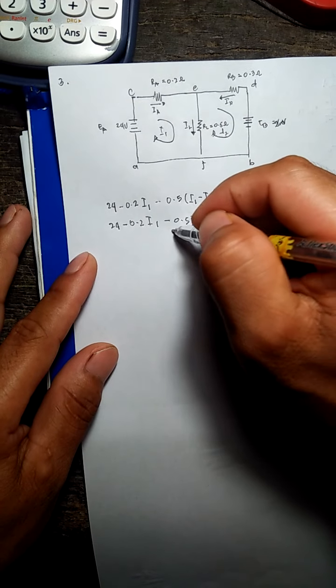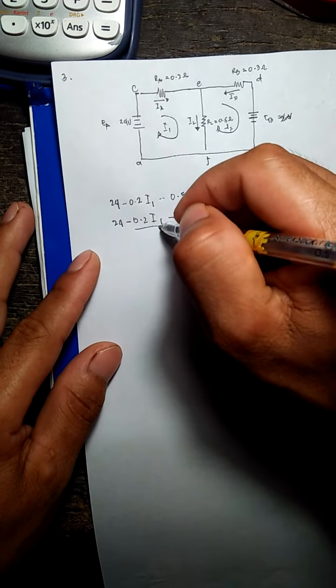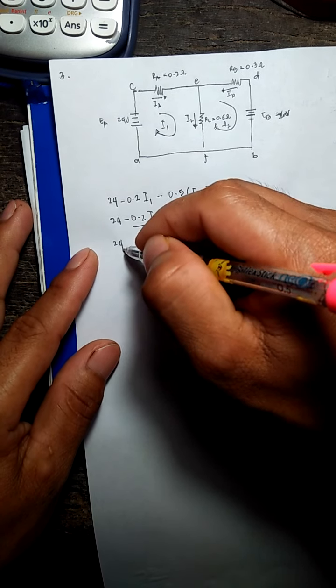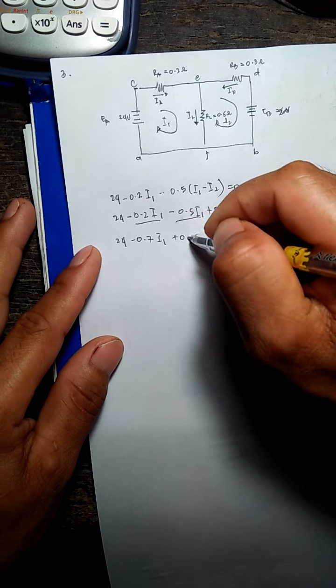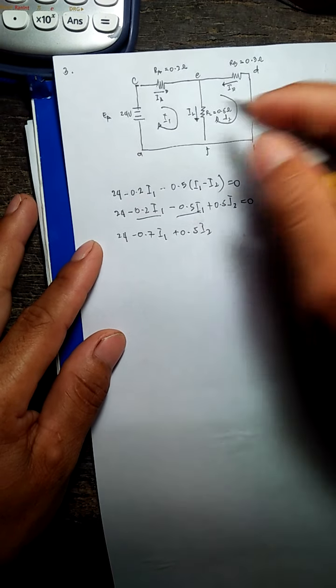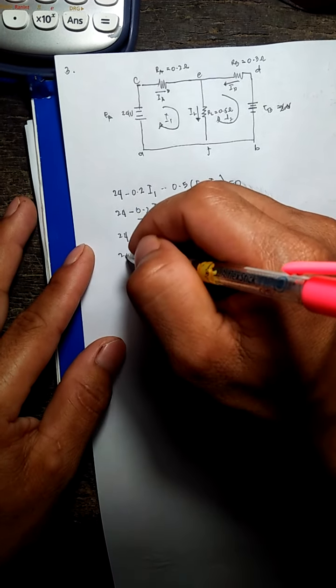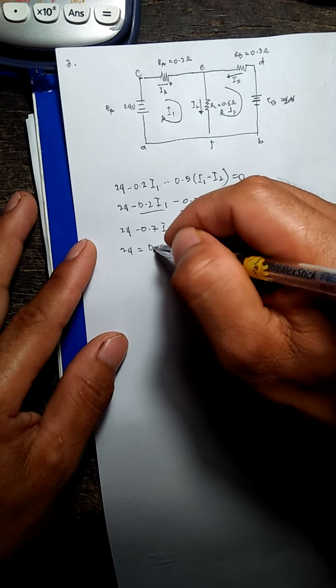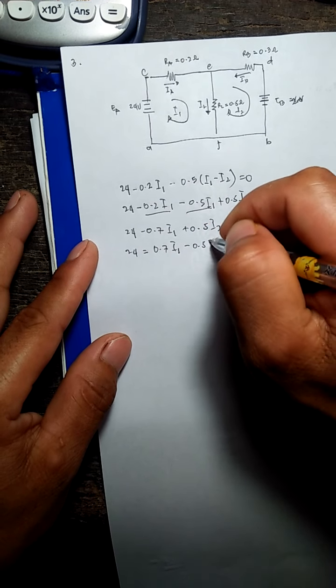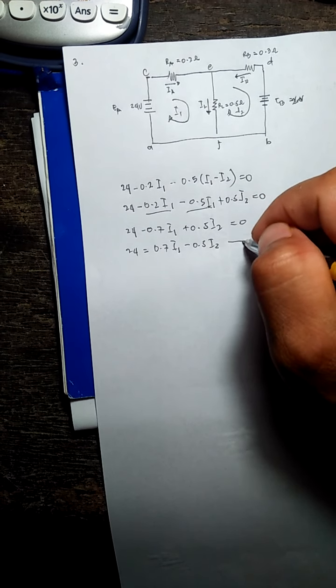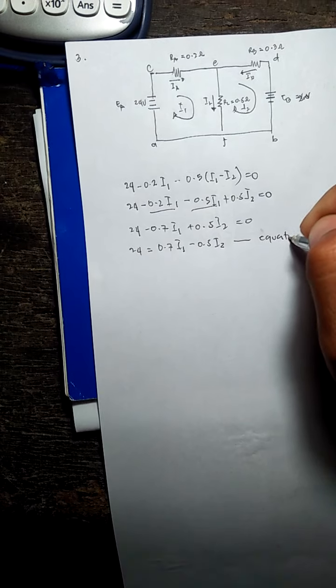Add the same terms: 24 minus 0.7 I1 plus 0.5 I2, then transpose 24, so 24 is equal to 0.7 I1 minus 0.5 I2. This is equation 1.